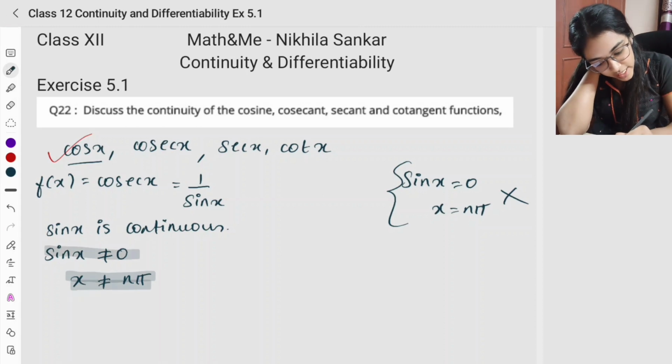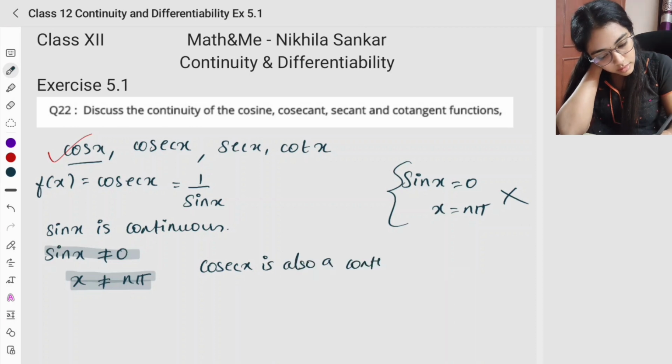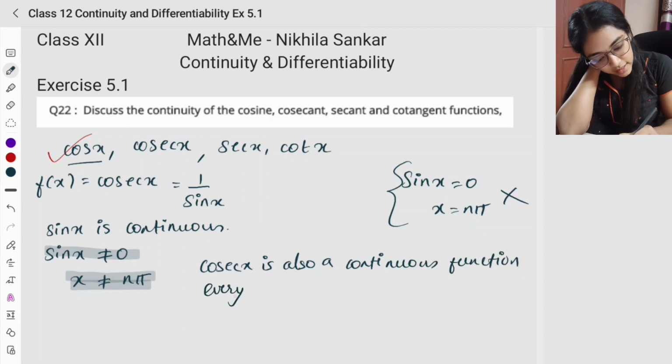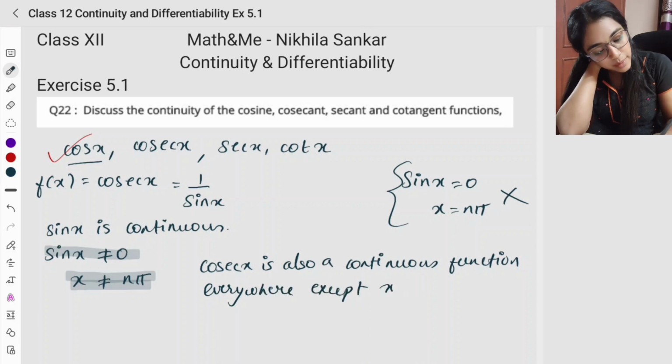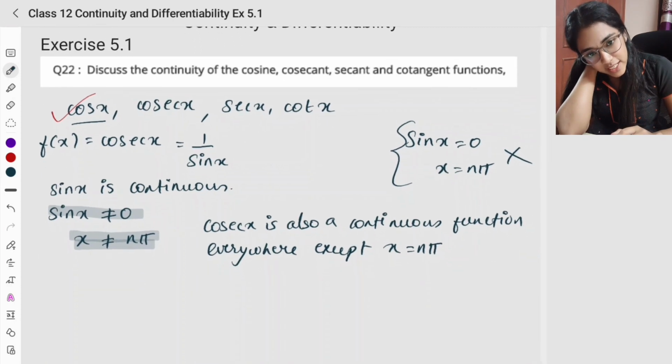So cosecant is also a continuous function everywhere except x is equal to n pi. Any value where x is not equal to n pi, the function is continuous. This is my cosecant x case.